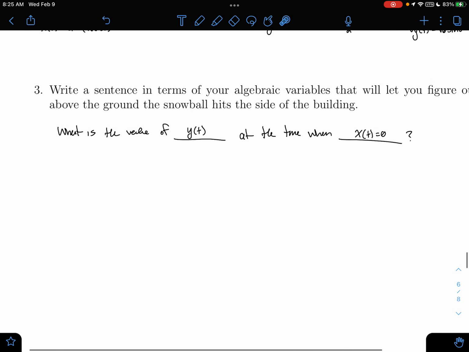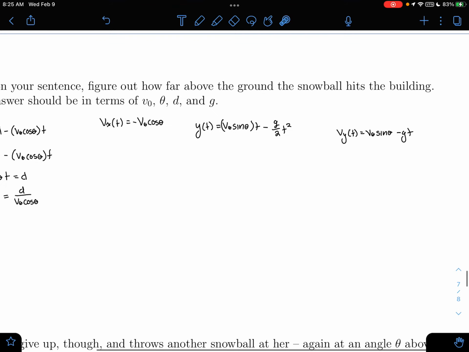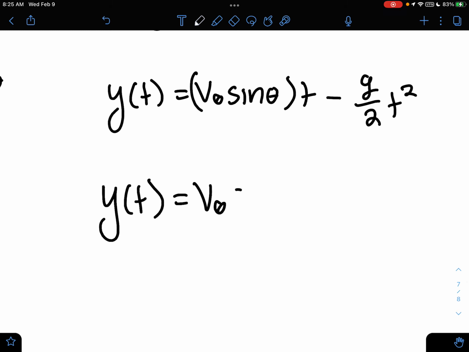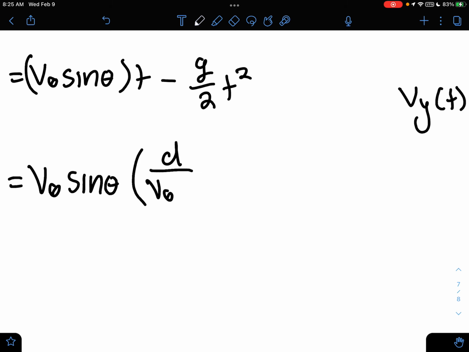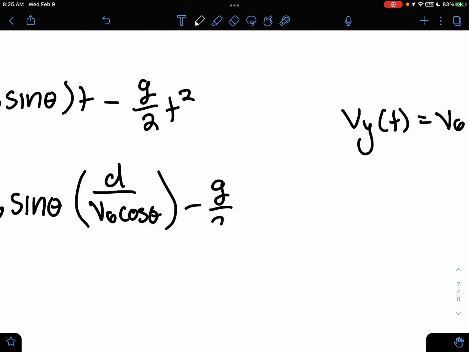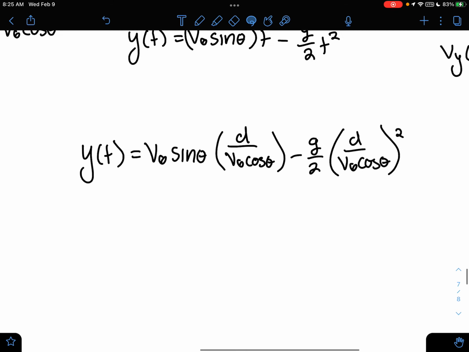Now we're trying to find our y of t at that time, so we're going to plug this into over here. So y of t is going to be v naught sine theta times our d over v naught cos theta, because there's our time, minus g over 2 times there's our d over v naught cos theta, and that's our time squared. Just move this down and away from the other equations real quick. So I'm going to simplify this.